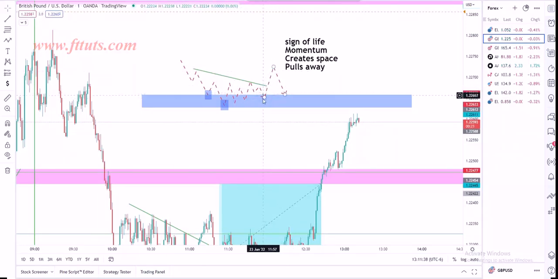So if it comes back to the key area and then it pulls away, fantastic. If it creates space so that it actually pulls away and then it has to travel back to the key area, fantastic. If it shows us momentum right here, it's all the same thing. Momentum is going in this area before it comes back, fantastic.